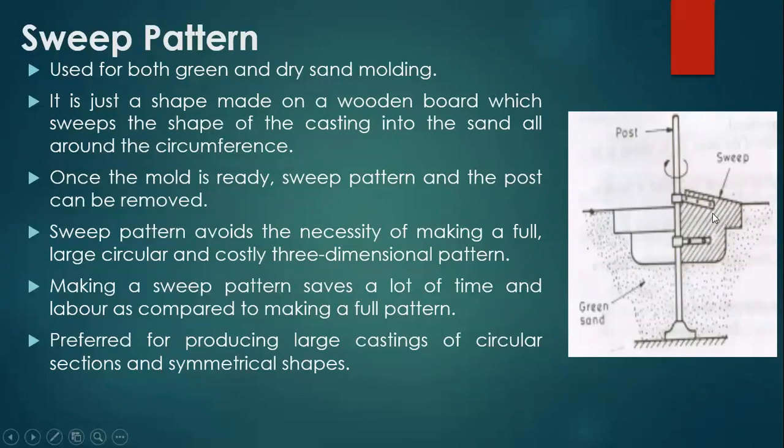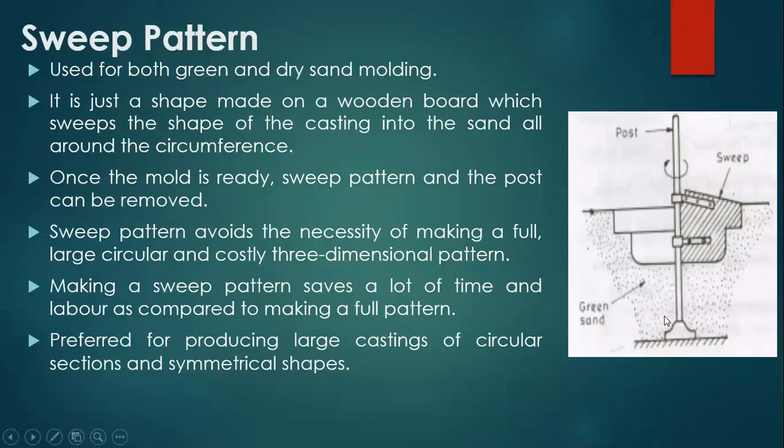That sweep is made up of wood. It is placed about the post, and here green sand is there, and in that green sand we have to rotate this sweep about a post through 360 degrees. As and when this sweep rotates, it will create the mold cavity inside the rammed molding sand.